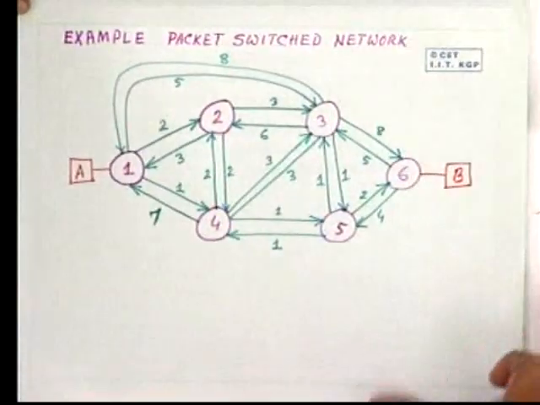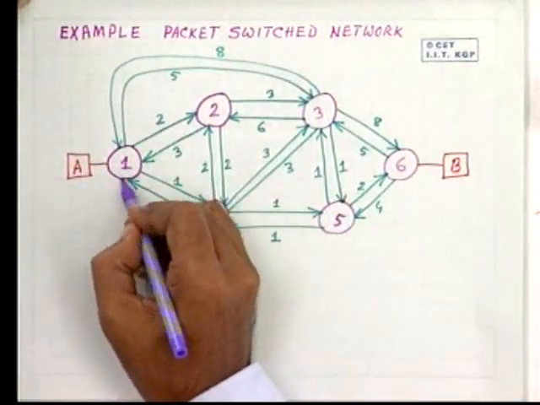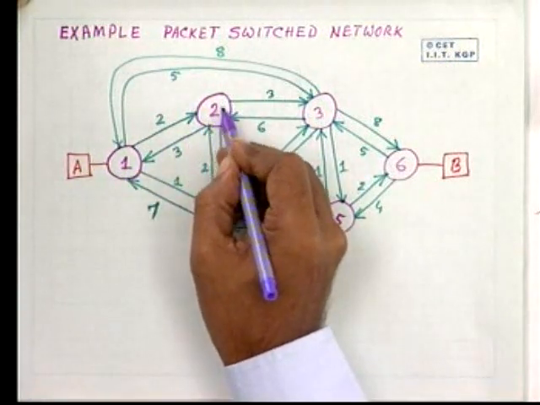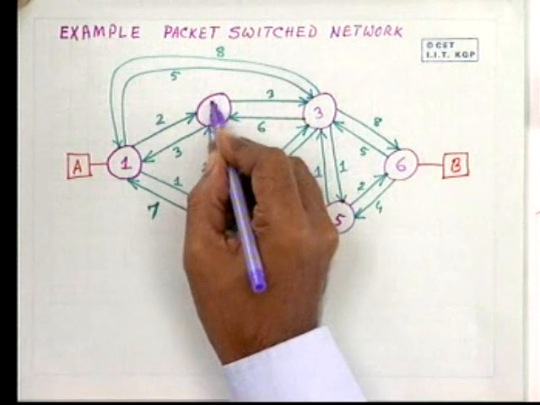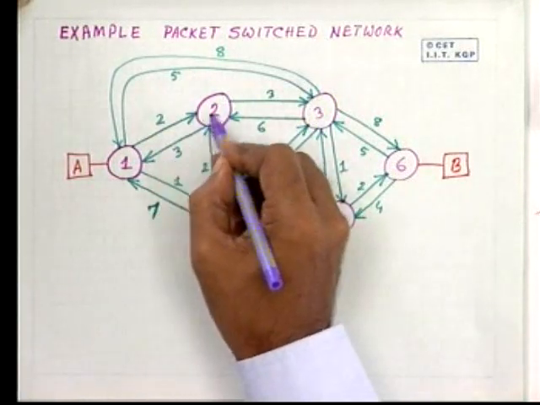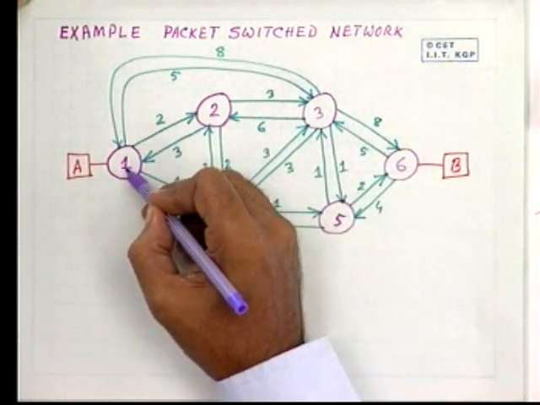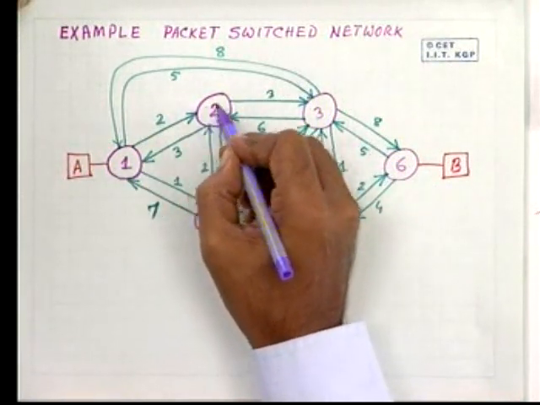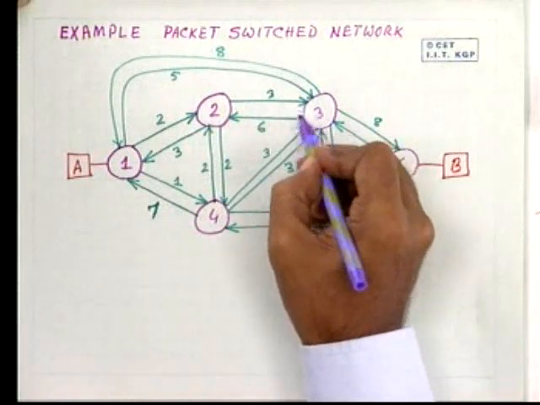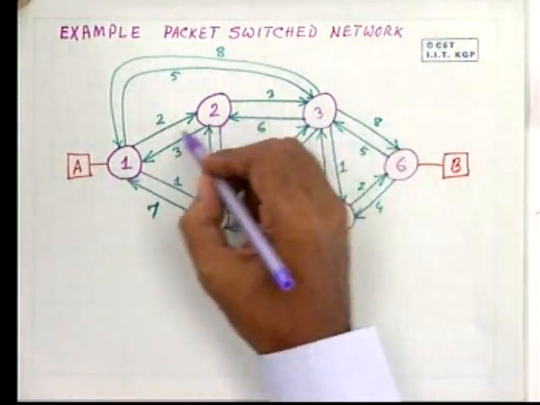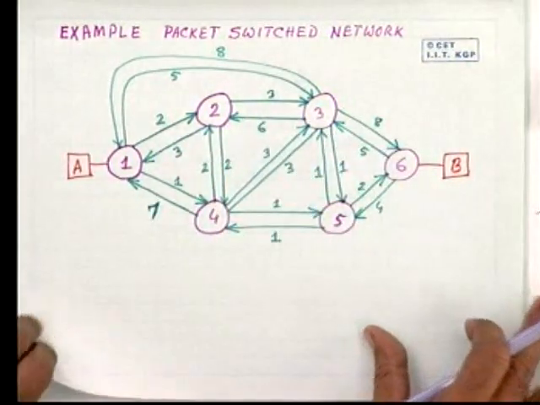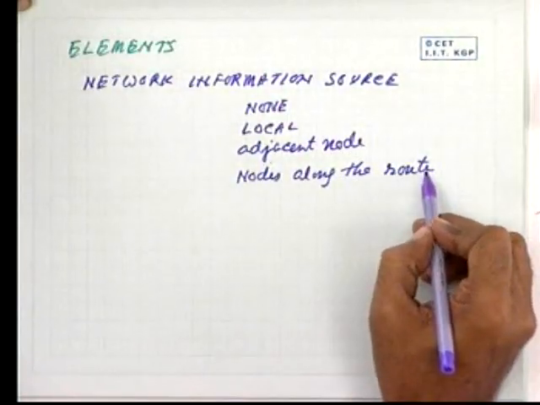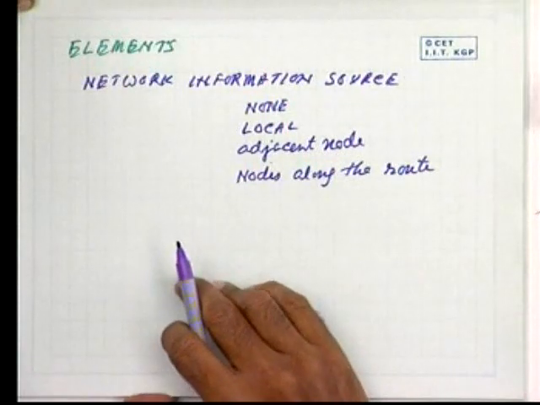What can happen, say this particular node forwards it to this, then each node takes information from this route. As it sends from 1 to 2, some information is passed on, from 2 to 3 some other additional information is passed on. In this way, as it traverses, in each node along the route the information is gathered and accordingly decision is taken.